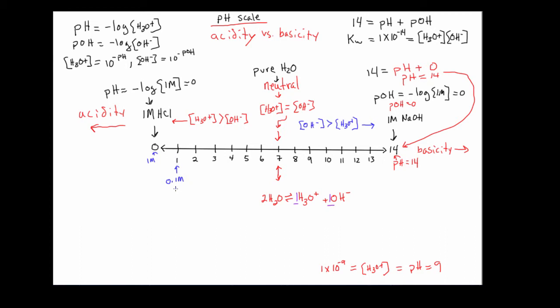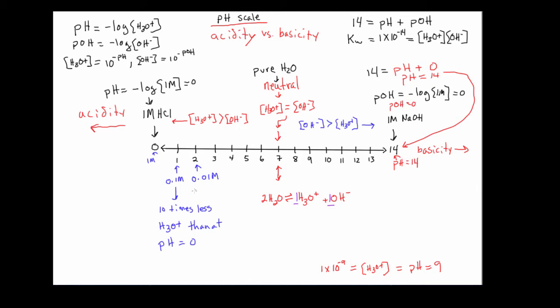What that means is that at this point right here, there's 10 times less H3O plus than at pH equal to 0. 10 times less. And at pH 2, the concentration of H3O plus is going to be 0.01 molar.